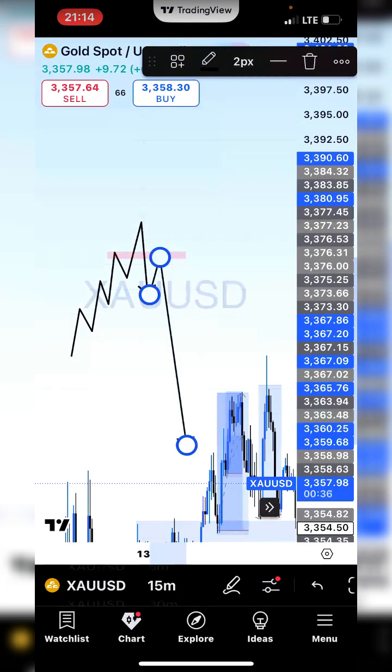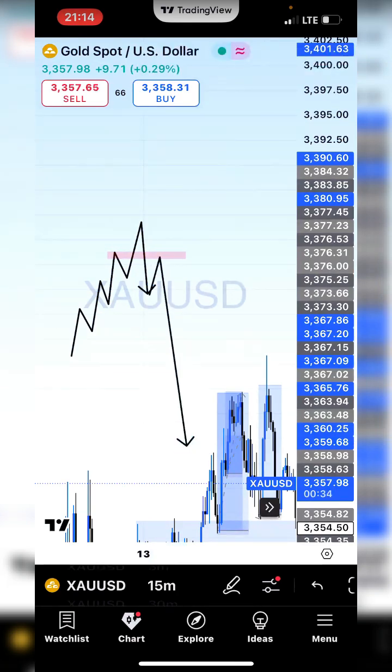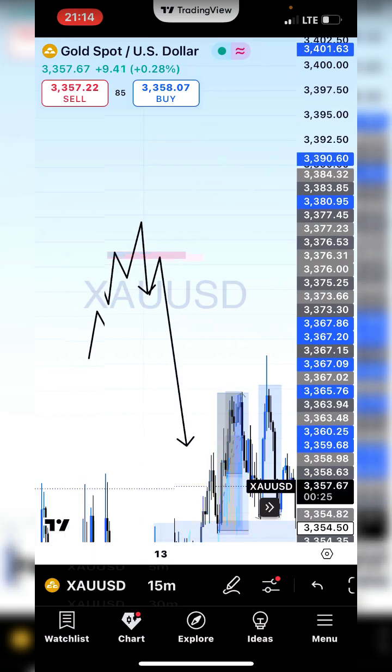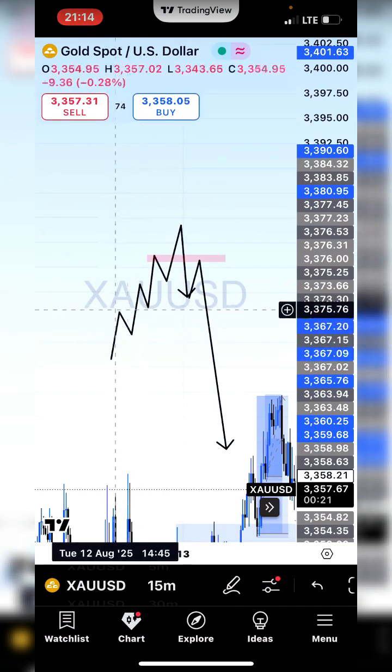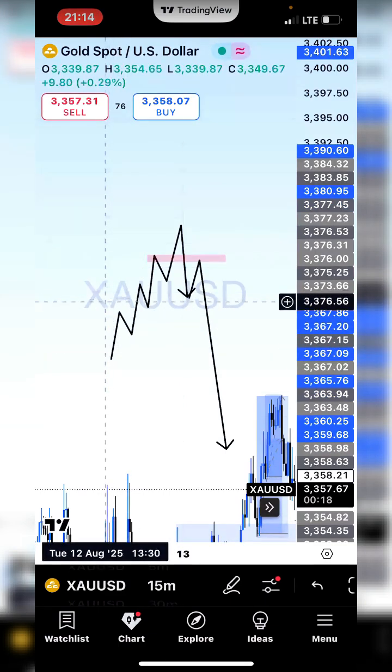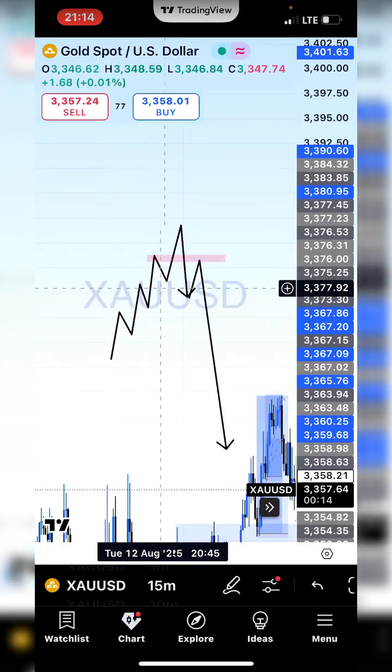So, do you guys understand this invalidation pattern? No, sir. Please come again, sir. Okay, look at what I drew now. I said price is in an uptrend, and when price is in an uptrend, price is forming higher highs and higher lows, and then price breaks the most recent low, what people normally call a change of character.